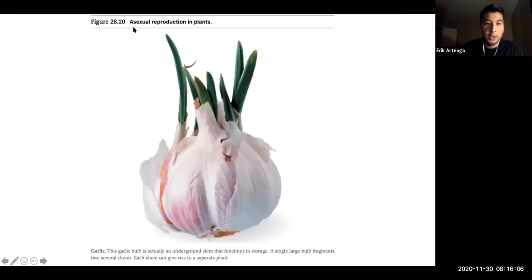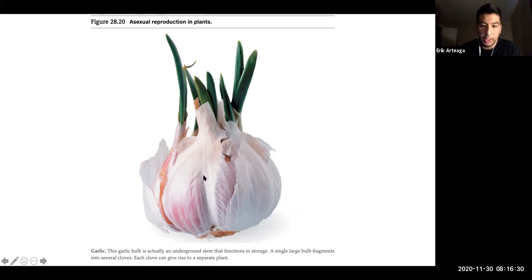All right. So some plants reproduce asexually. Here we have garlic. The garlic bulb is actually an underground stem that functions in storage. A single large bulb fragments into several cloves, and each clove can give rise to a new plant. Each of those little individual cloves can bud and sprout, but this is all one single organism.